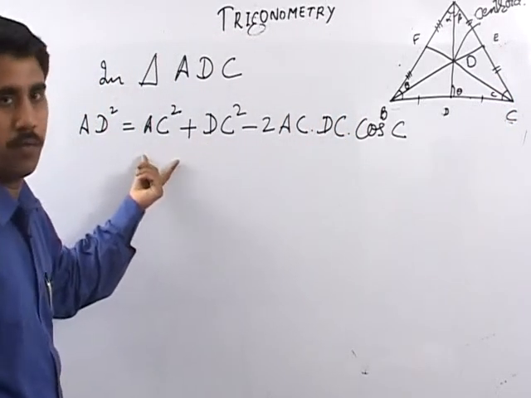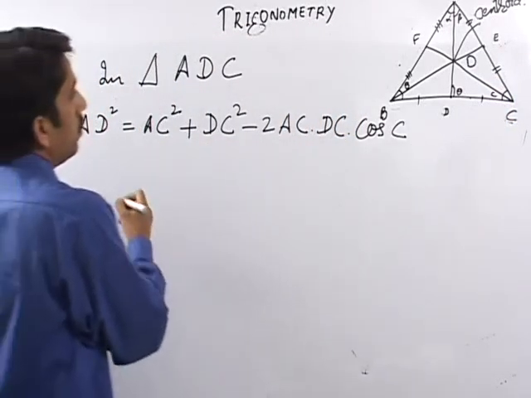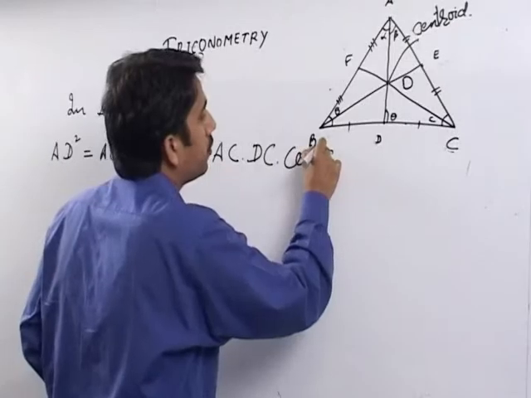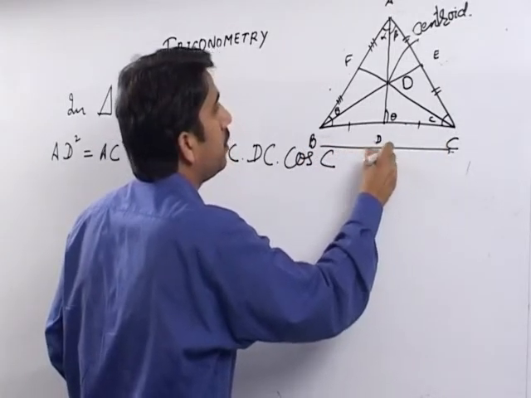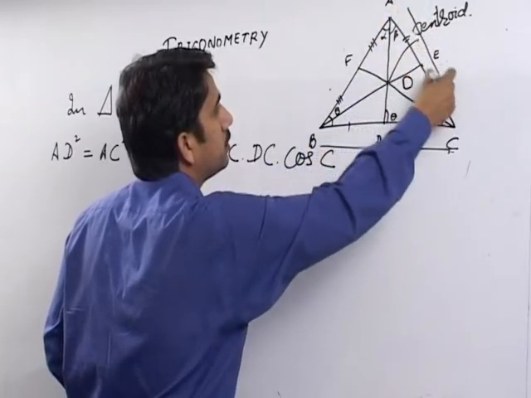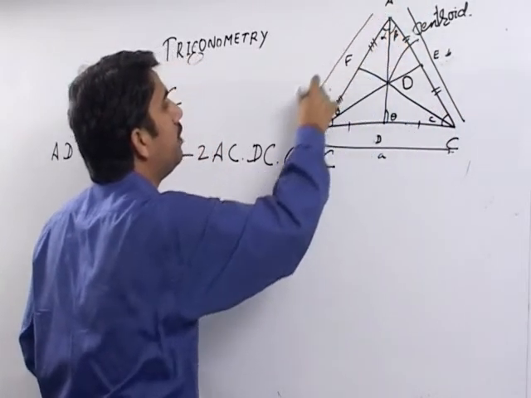This is by cosine formula. Now this side is A, this side is B, and this side is C.